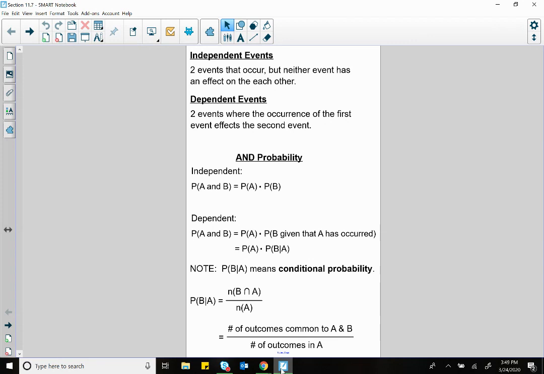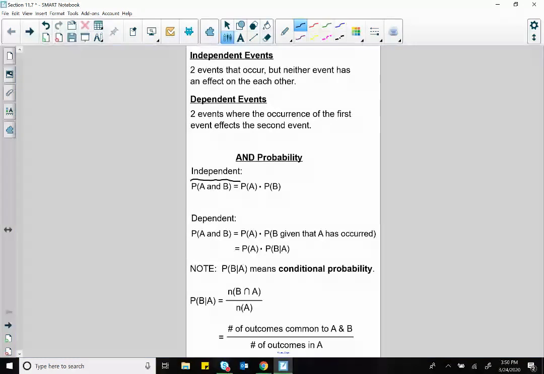Now, depending on which event you have, if you are independent, you'll find the probability of each event, whatever happened the first time and whatever happened second, and then all you do is multiply those together.